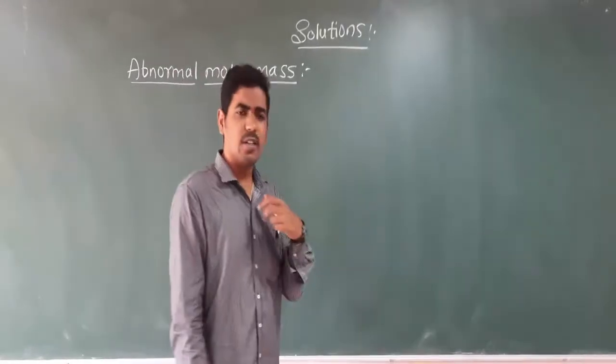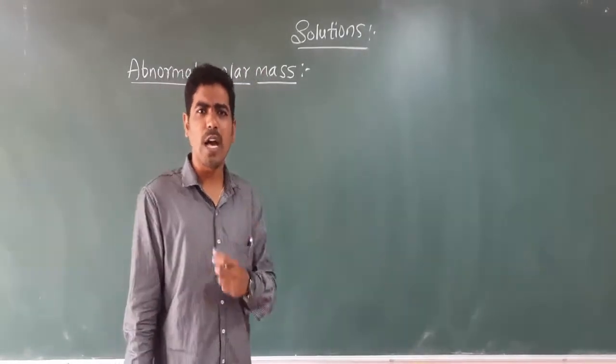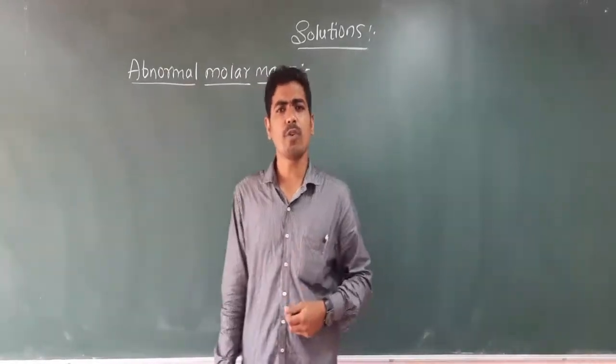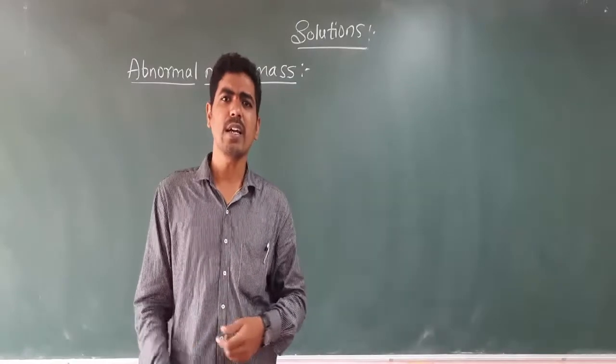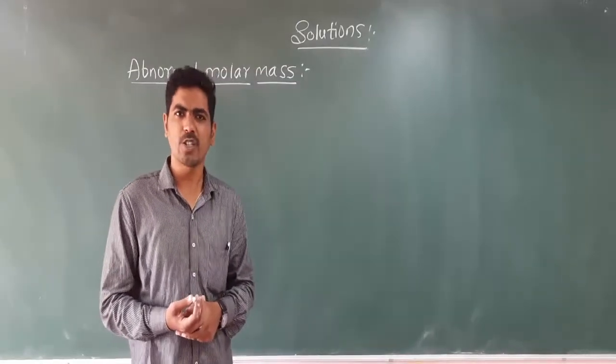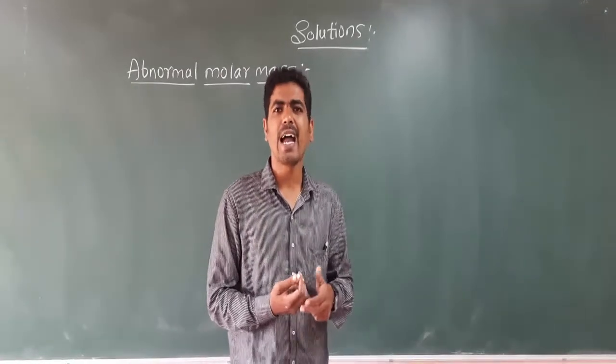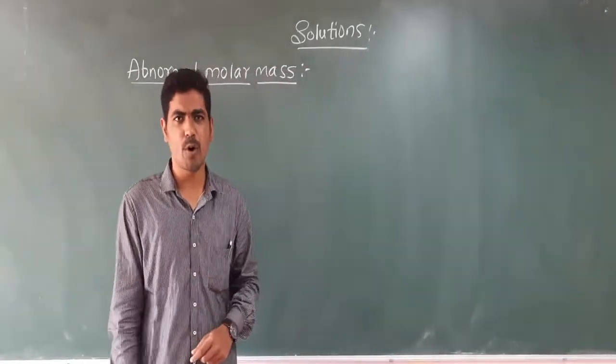Now, you have calculated the molar mass of the solute by using four types of colligative properties: relative lowering of vapor pressure, osmotic pressure, depression of freezing point and elevation of boiling point.